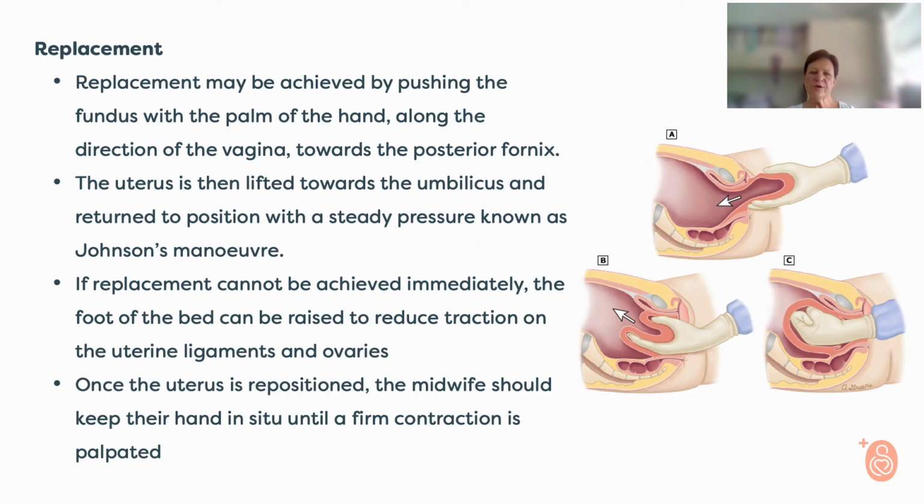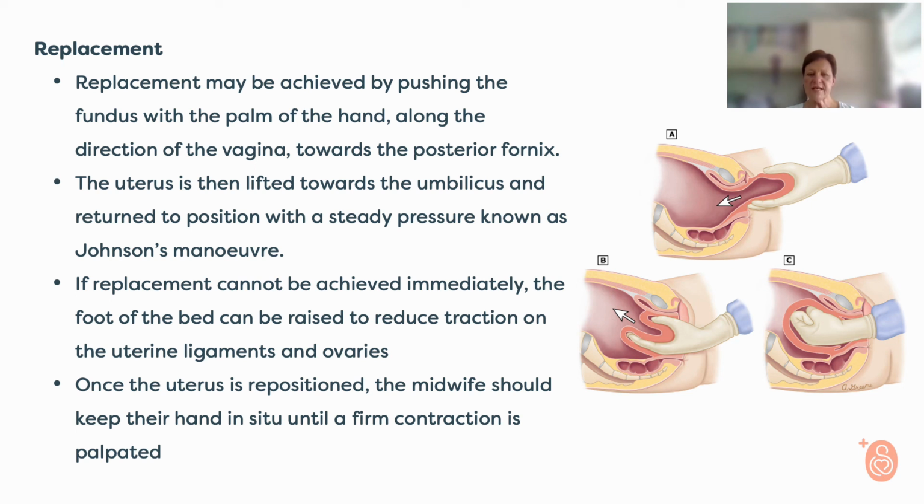So the best way to replace it is what you see in these graphical pictures here. First of all, whatever you feel of the inverted uterus, you put in the palm of your hand, and in the direction towards the posterior fornix, you push the uterus and lift it towards the direction of the umbilicus of the mother, with steady pressure on the uterus.